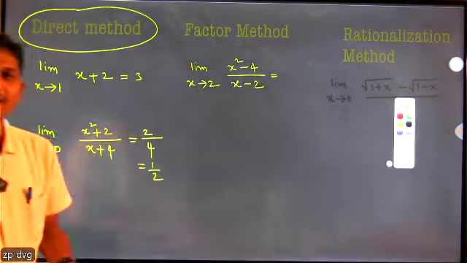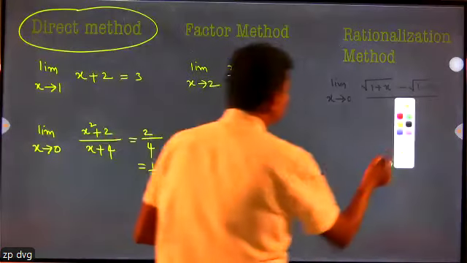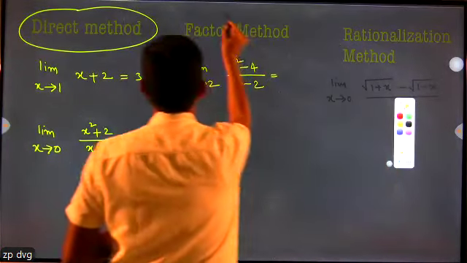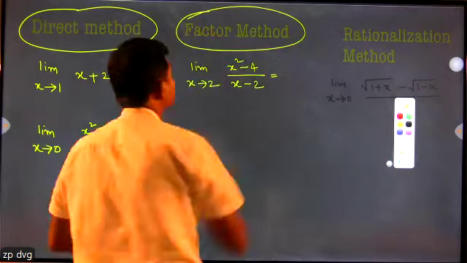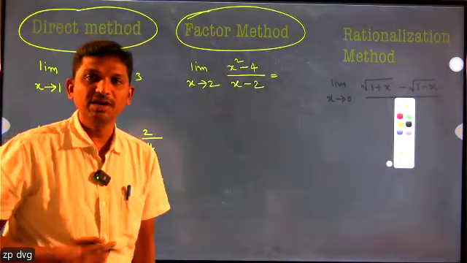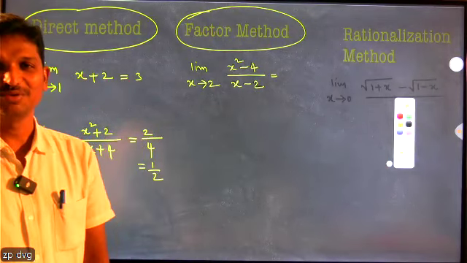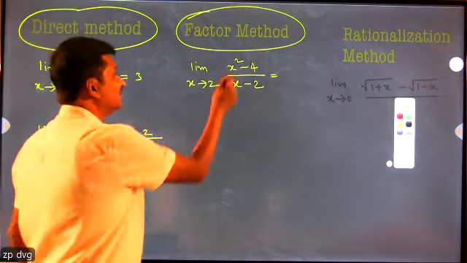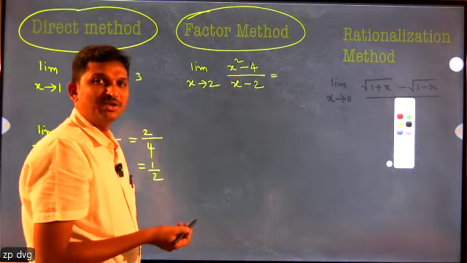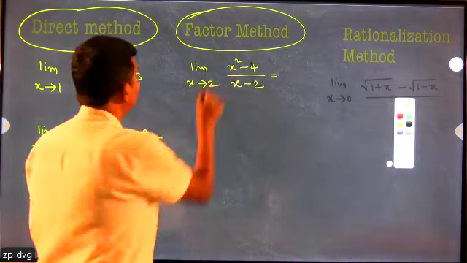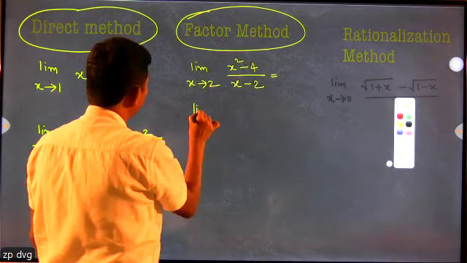When it is an indeterminate form, then other alternate methods will come. This is known as the factorization method. You already learned this, I'm just recalling it quickly so that we can enter into the concept of continuity. If you try the direct method, you get 0 by 0, an indeterminate form. Factor method means we write the factors of the polynomials.